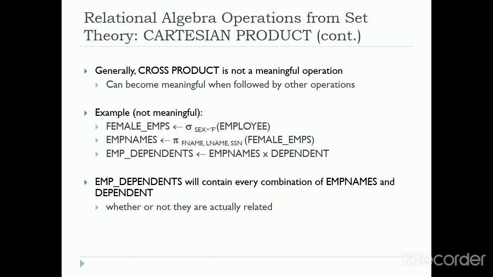In the result of this cross product, you get every combination of female employees and dependents, whether they are actually dependents of those employees or not. So it will include some meaningless information; all the tuples are not meaningful.